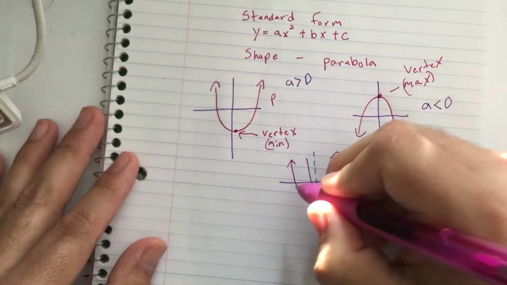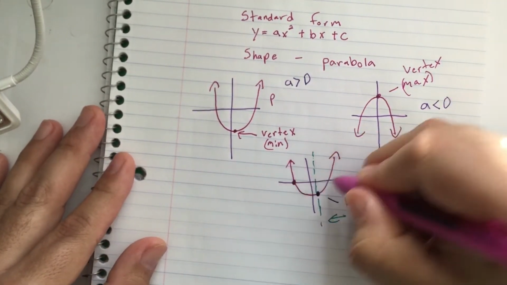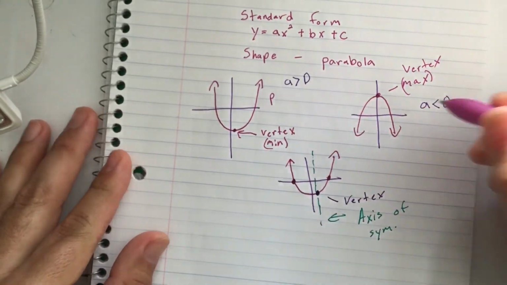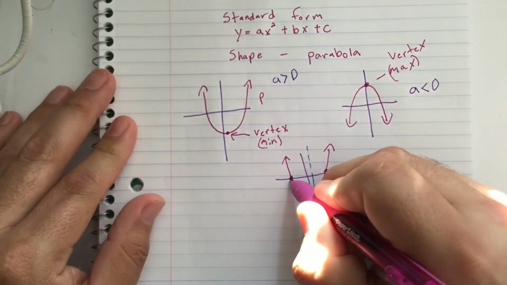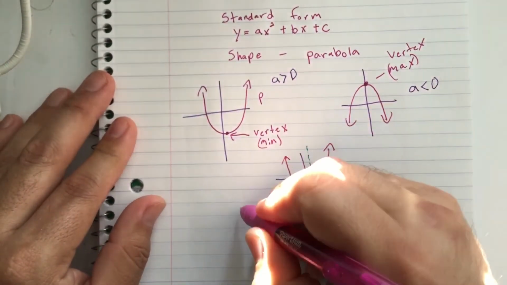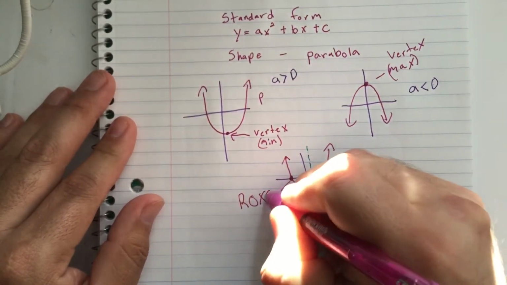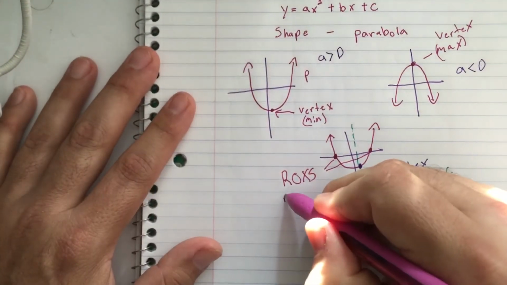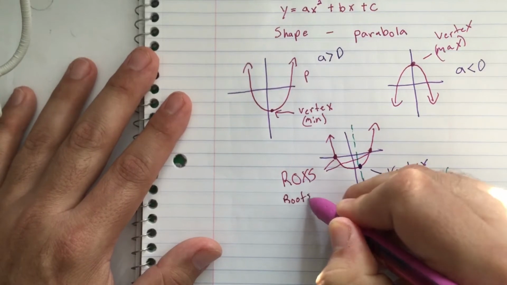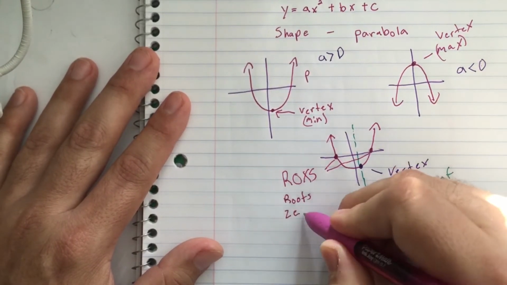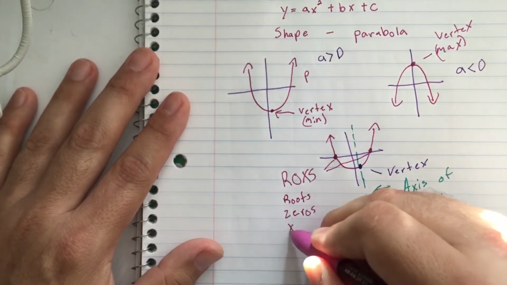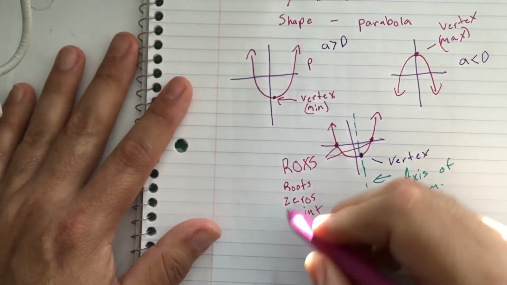Then you have these two points right here. This is where the parabola cuts through the x-axis. We call these the rocks. You guys remember that? Rocks, roots, zeros, solutions, x-intercepts.